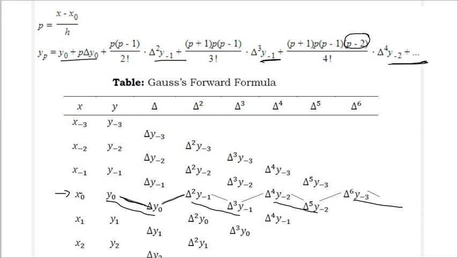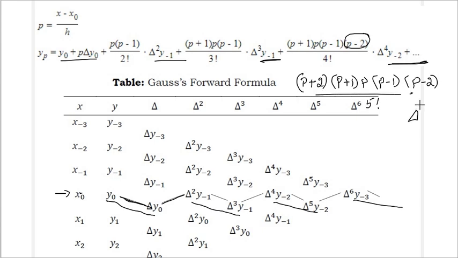So the next term is p plus 2 into p plus 1 into p minus 1 into p minus 2, divided by 5 factorial into delta power 5 y minus 2. Okay, so this is how it proceeds.